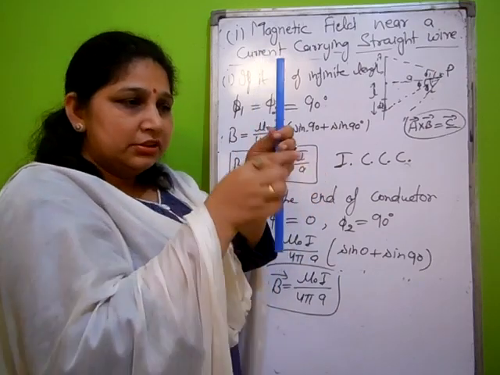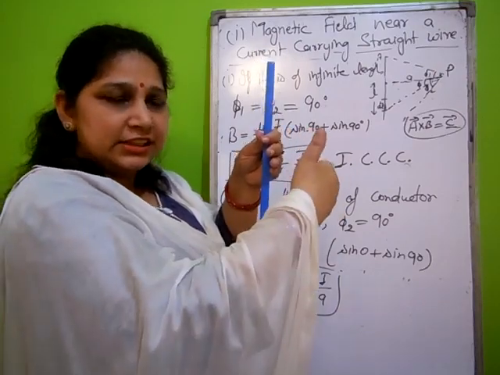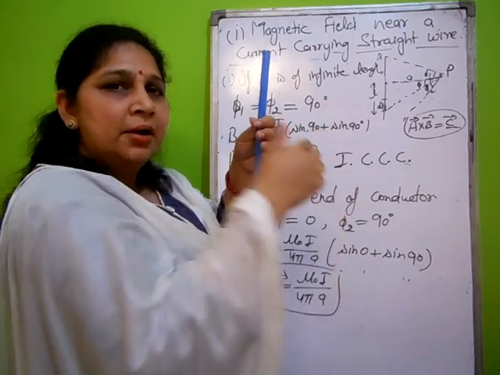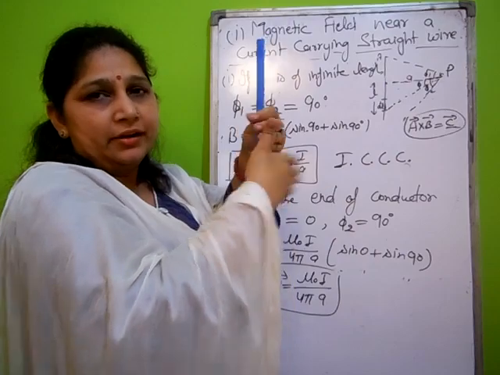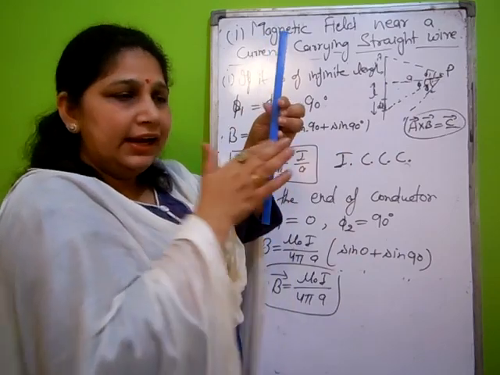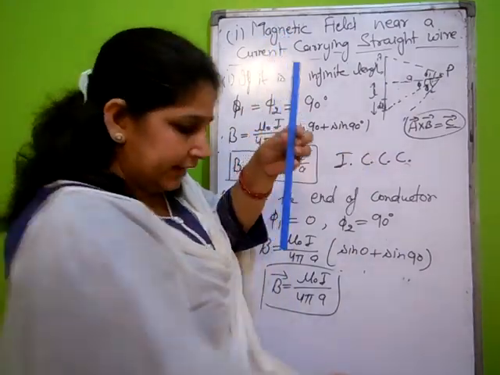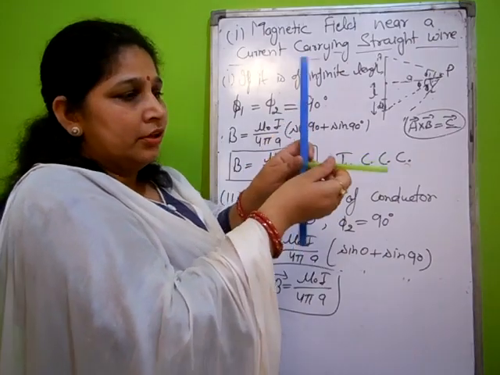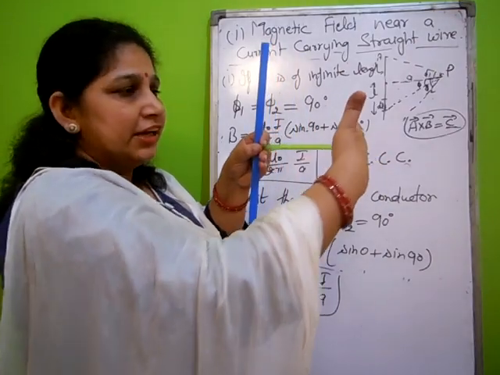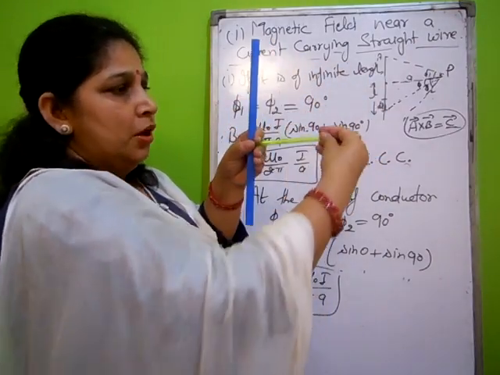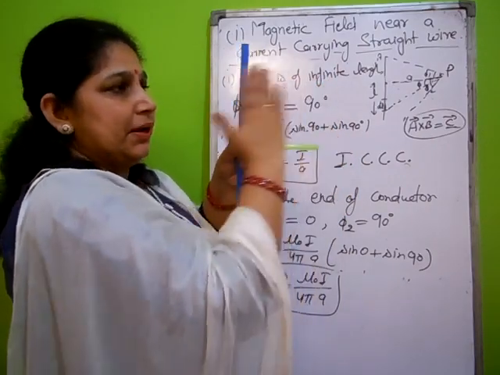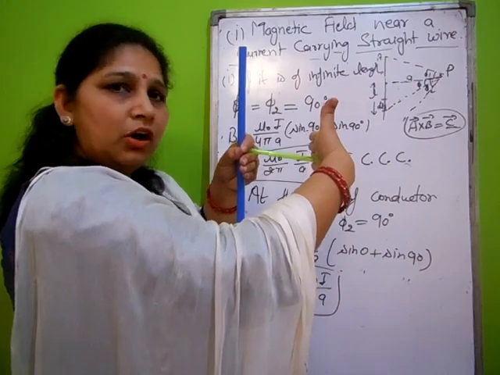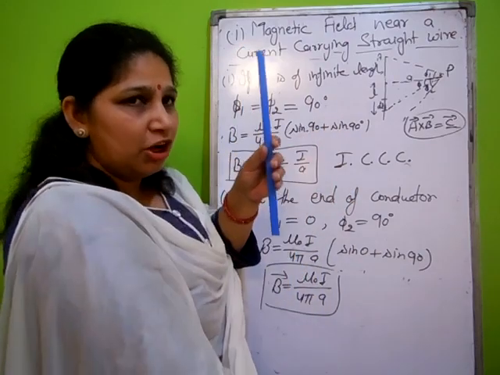Suppose the point is here, the direction is this. Point is here, direction this. It means the direction of the magnetic field is always perpendicular to the plane of L and R. This is the L and this is the R. Suppose the point is here, the magnetic field is perpendicular to this plane. Point is here, the magnetic field is perpendicular to this plane. Got it? This is the direction of the magnetic field.